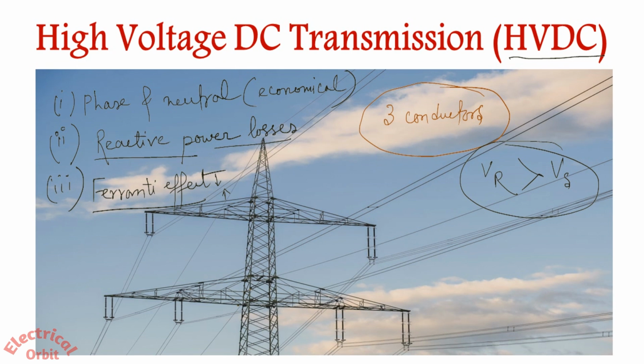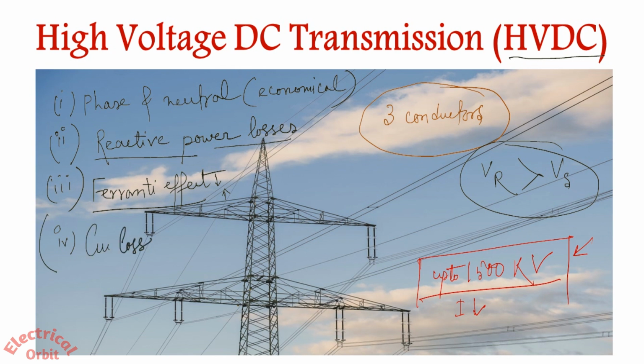In a general HVDC system, the voltage is stepped up to 1500 kV. Whenever your power is constant and you increase your voltage to such a high level, then automatically your current will decrease. Whenever the value of current decreases, there is a lesser amount of copper losses. So that is another advantage of using an HVDC system.